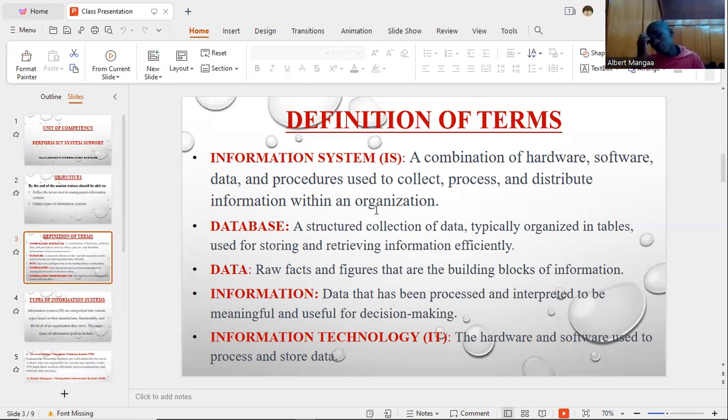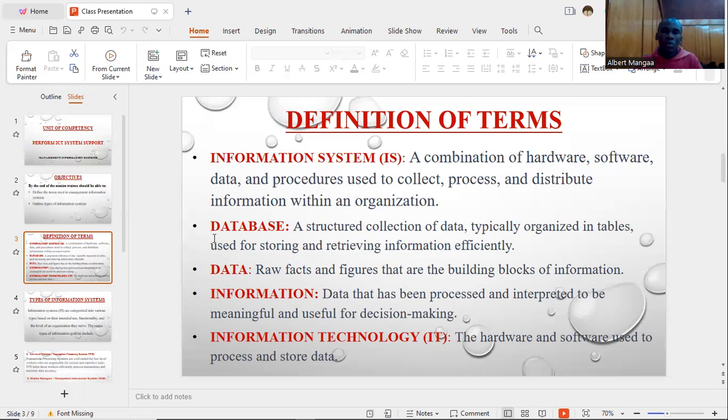Basically, there are two terms involved here: we have information and we have a system. If we combine the two, we have a combination of the hardware, the software, the data, and the procedures that we use to collect, process, and distribute information within an organization.